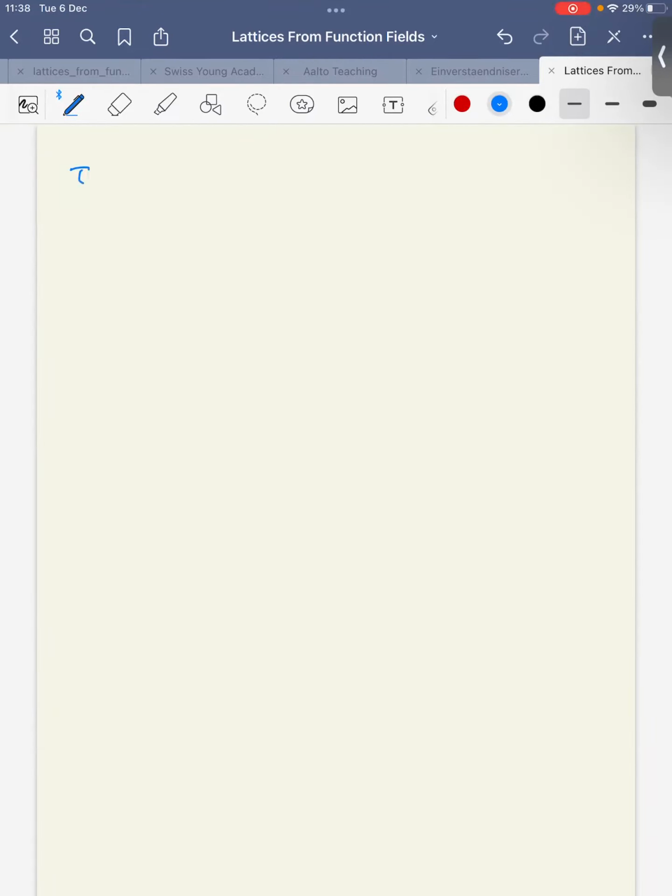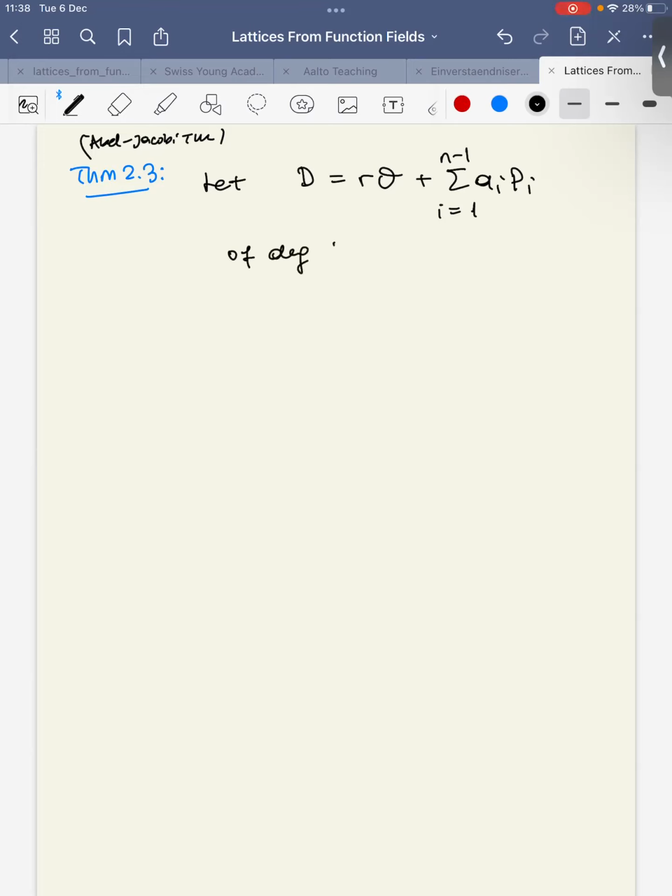And the last theorem we need, indeed, is the function field version of the Abel-Jacobi theorem for elliptic curves, which tells us that if we have a divisor in the form of RO plus the sum of a_i P_i, i from 1 to n minus 1, of degree 0, we have a characterization of when it is principal or not.